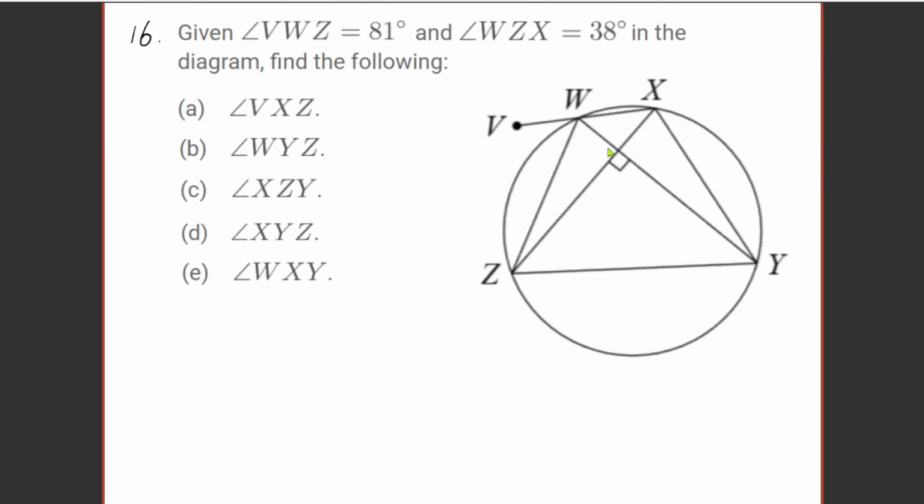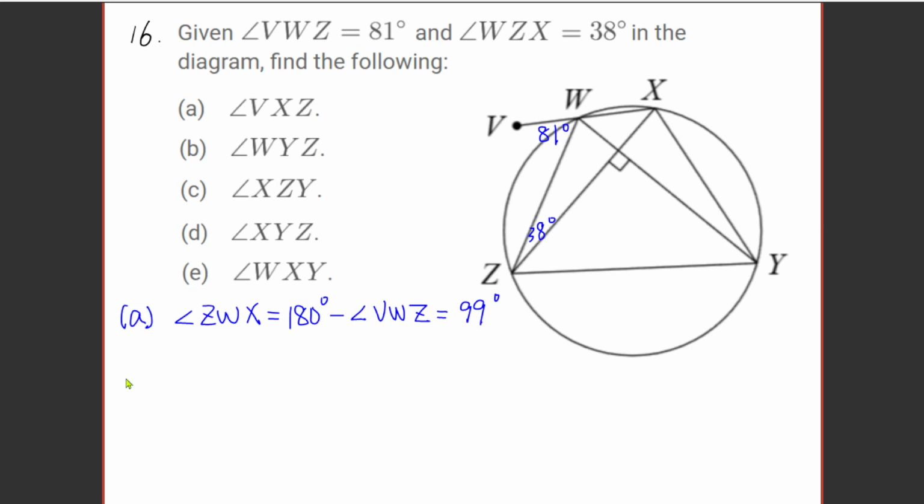Okay, given angle VWZ equals 81 degrees here, and angle WZX equals 38 degrees here, can you find the following? A, angle VXZ. Okay, first of all, we know angle ZWX equals 180 degrees subtracted by angle VWZ, which equals 99 degrees, right?